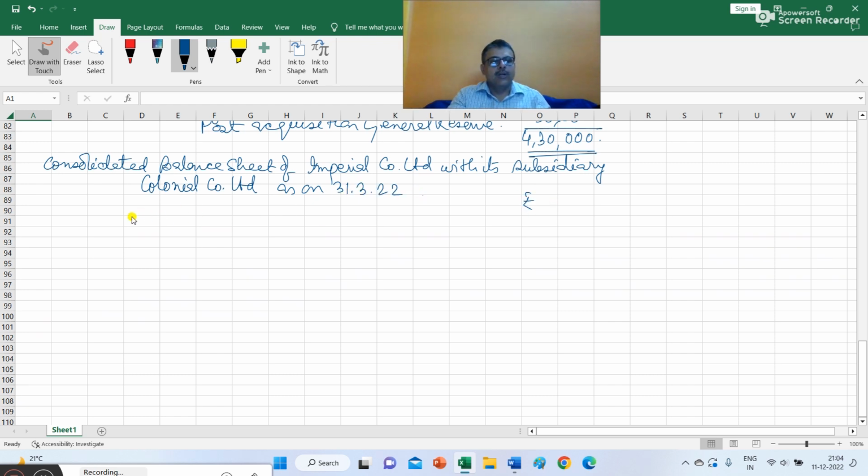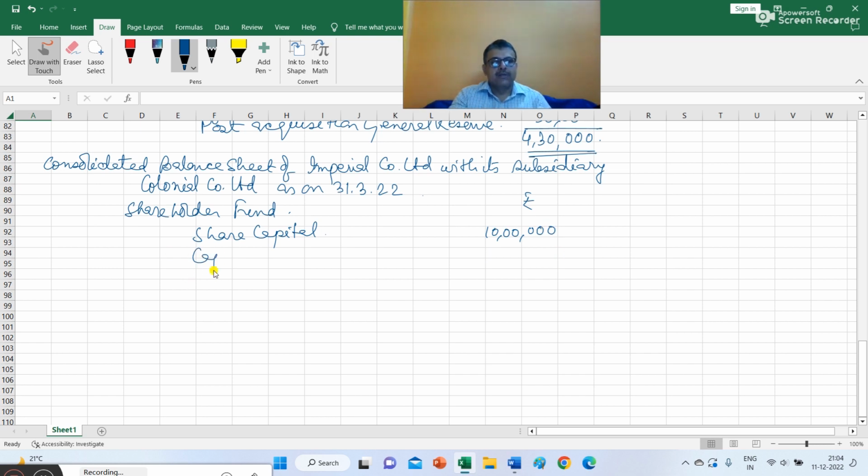So first of all, we have to write the liabilities, that is shareholder fund. So we have a share capital of Imperial Company Limited for rupees 10 lakh.